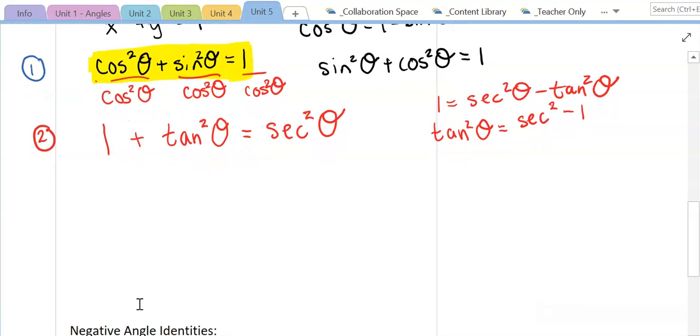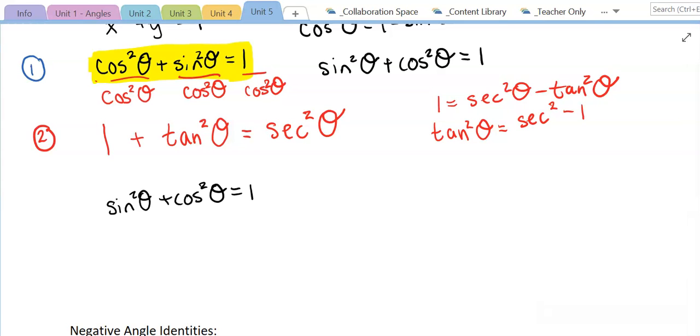If we wanted to find our third Pythagorean identity, that's going to involve taking our original Pythagorean identity, sine squared plus cosine squared, and this time dividing everything by sine squared.